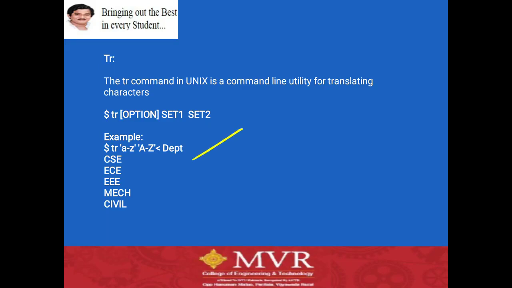The syntax is very simple: tr set1 set2. So here it is tr a-z, that means whatever letters you find in the file, from a to z, all the alphabets which are small case letters should be converted to what? Capital A to Z.